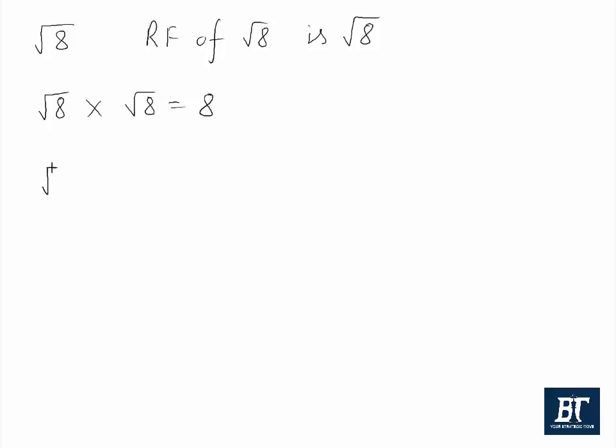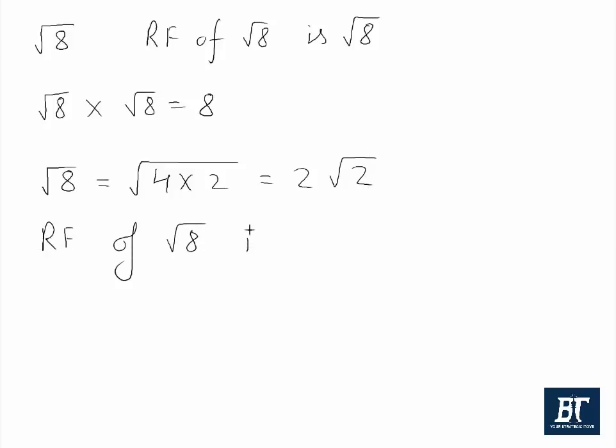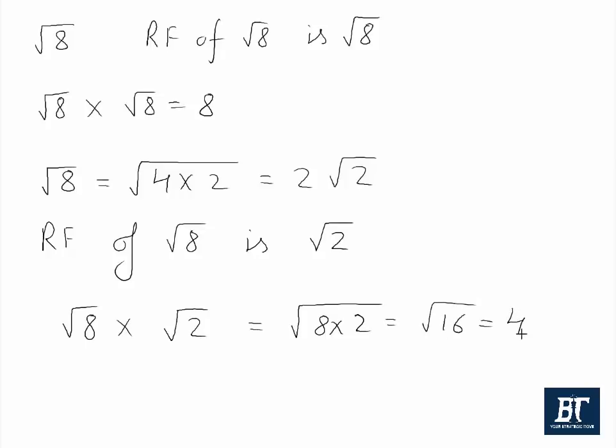First step is write root 8 as root 4 into 2, so that we can write this as root 4 is 2 and then root 2. So rationalizing factor of root 8 is root 2. Let's check. If you multiply root 8 by root 2, you get root 8 into 2, which is root 16, which is 4. Therefore we can see that root 2 also is a rationalizing factor of root 8.